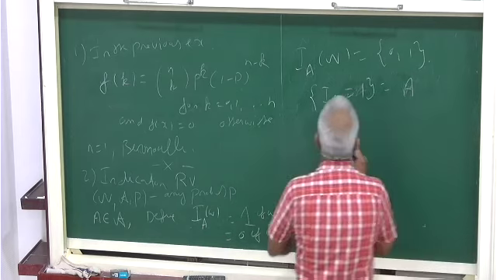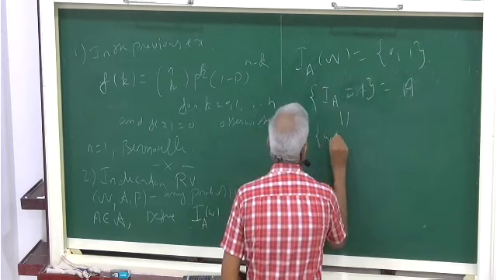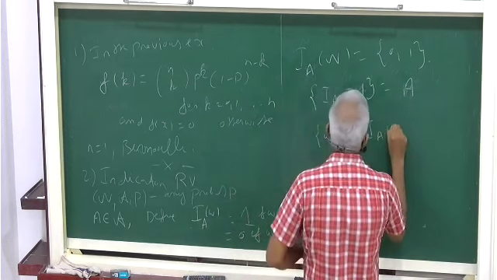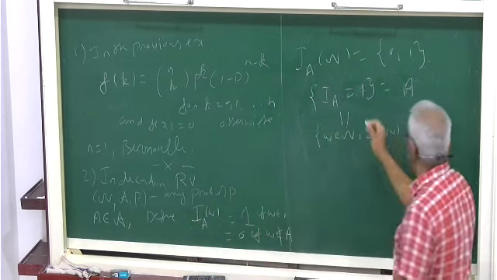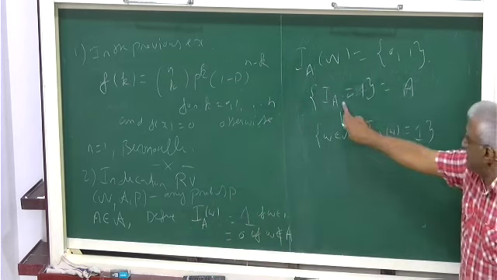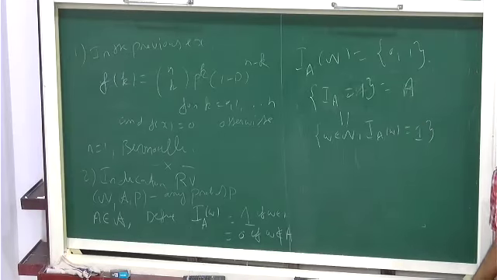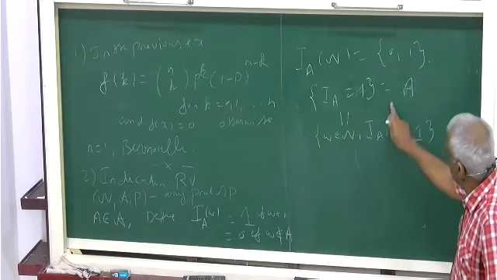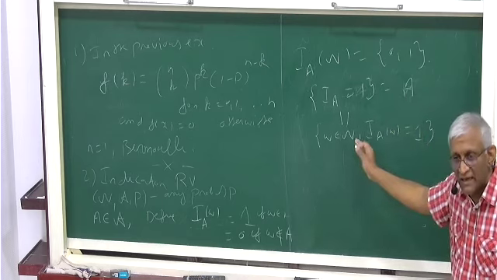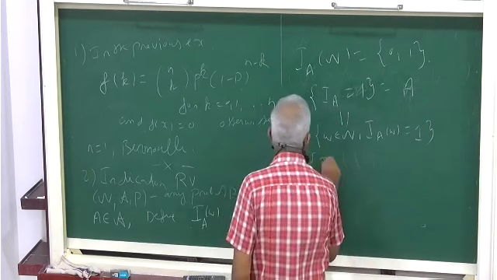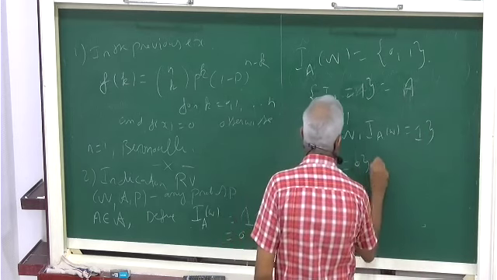This is just a notation: the probability that X equals k is the probability of the set of all omega in Omega such that I_A of omega equals 1. The probability that I_A equals 1 is P of A. Similarly, I_A equal to 0 is A complement.